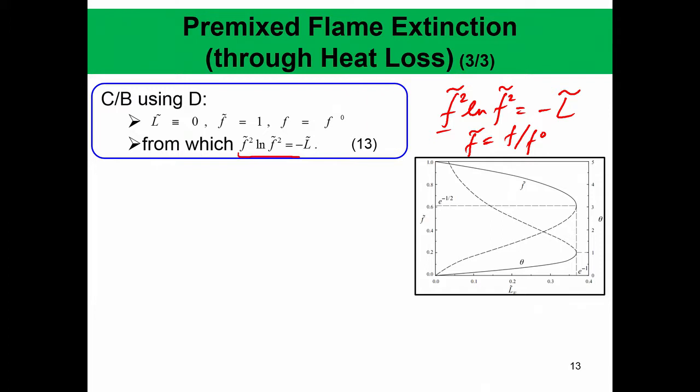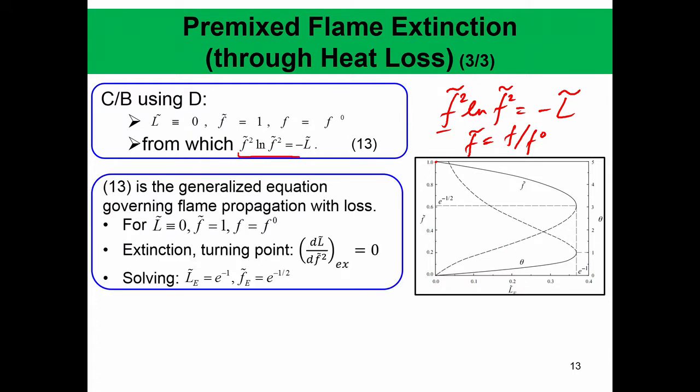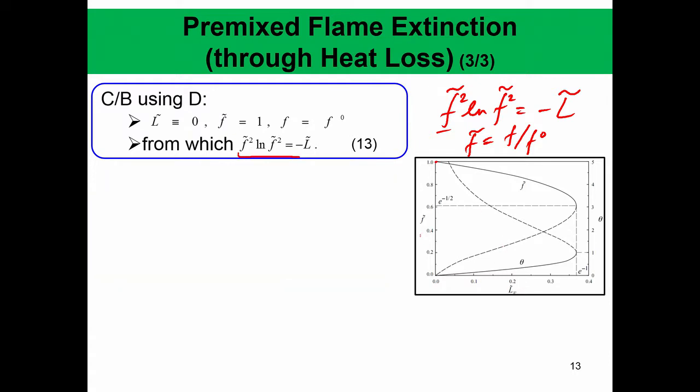Okay, so this is the situation. If we plot this whole quantity, that is F tilde as a function of this normalized heat loss parameter L, we see that when L is 0, then F tilde is equal to 1, which is correct. Now, as you increase L, this F tilde slowly decreases, that is the ratio becomes smaller than 1, and then at this point it has a turning point.